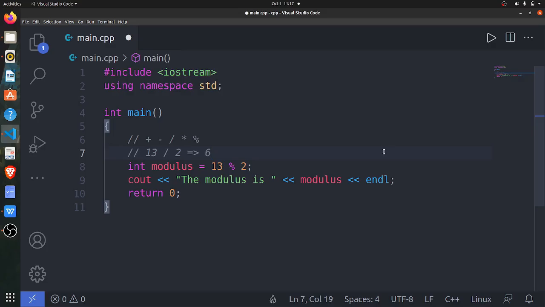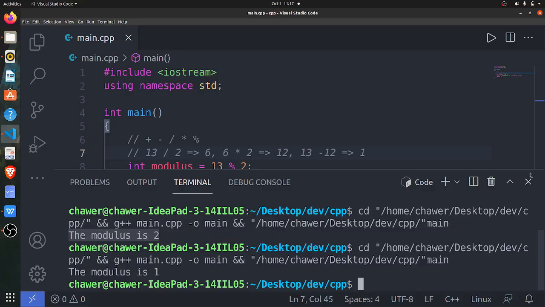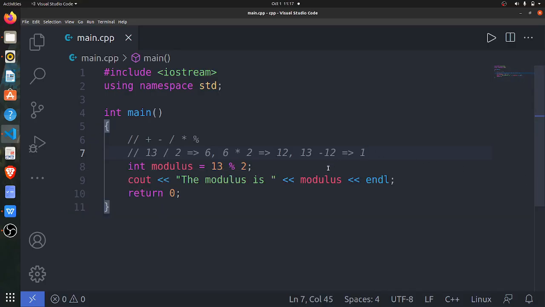If we just get the whole number, it's 6.5, but I just want the whole number, which is 6. 6 multiplied by 2 is 12. Now if we do 13 minus 12, the answer is 1. So we just get the remainder, and the remainder is what will be printed as the modulus. It says the modulus is 1. We're getting the 1 after getting the remainder of 13 divided by 2. So the mod gets us the remainder.